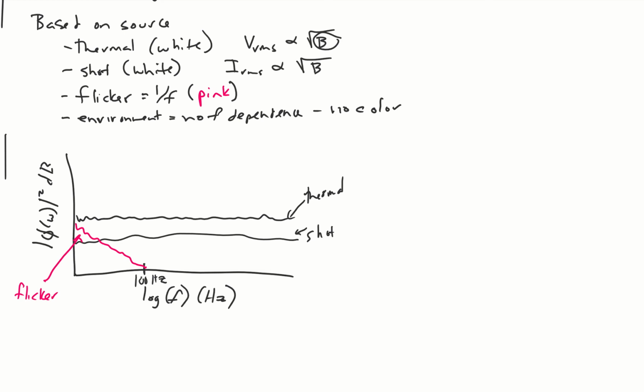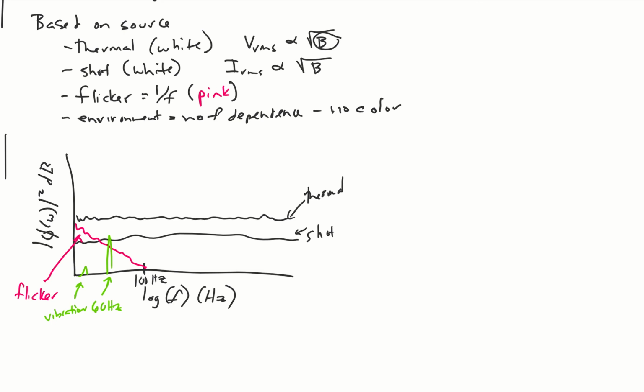Then finally, for our environmental noise, we know that there's a significant low frequency contribution at 60 hertz from our power lines and the like. We can even have something even lower frequency, let's say a class change from vibrations. Who knows?